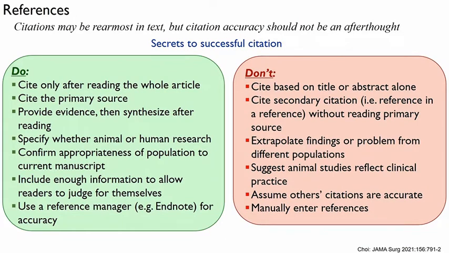Do cite articles after you've read that article to make sure that it says what you're claiming it says. Cite the primary source, not a review article which cites a review article, which cites a review article, which cites the primary source, which says something completely different. Don't just provide the evidence, but put it into some context.